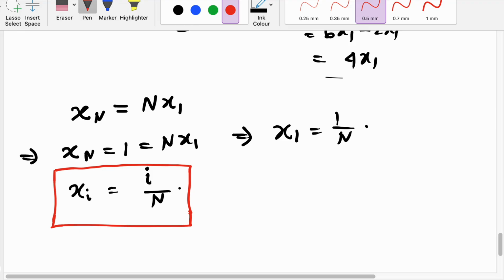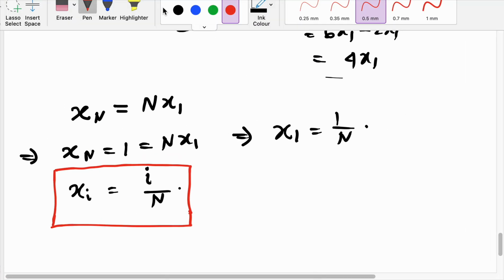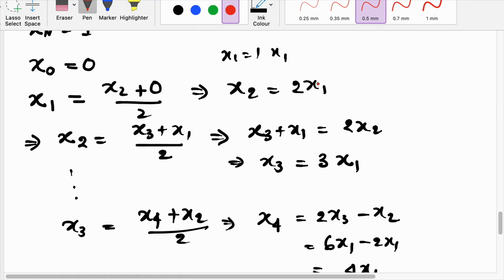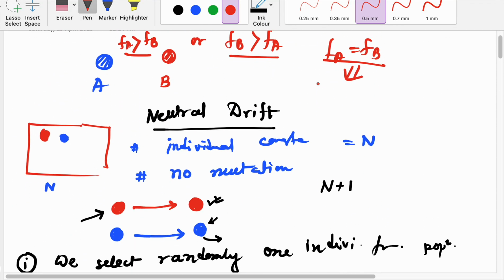Is it clear? Yes. Okay, now why does this make sense? Because everyone's fitness is the same, so no one has an advantage in the birth and death process. We are taking one random individual for birth and one random individual for death.